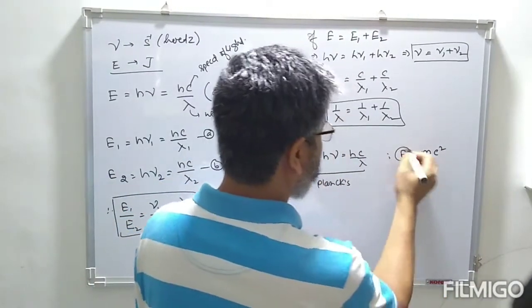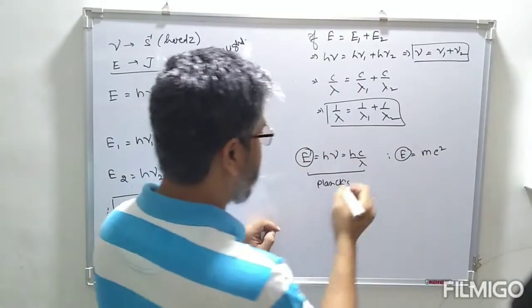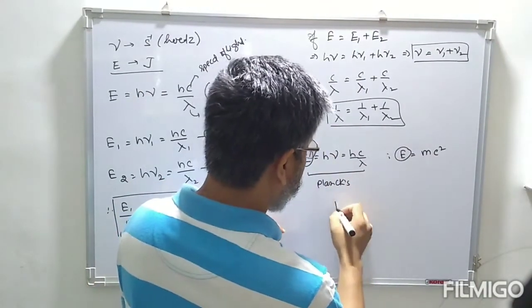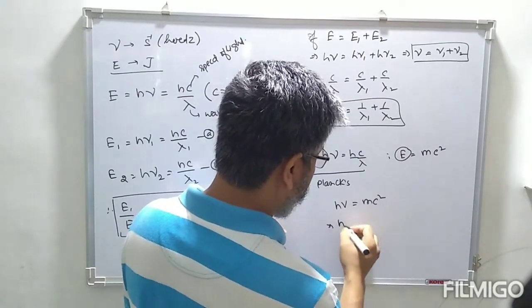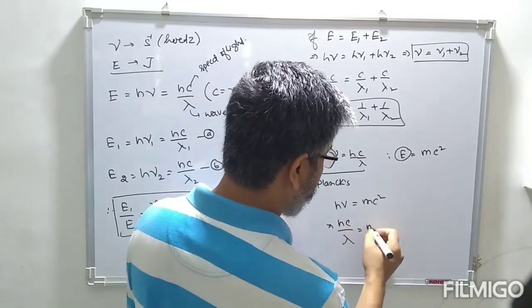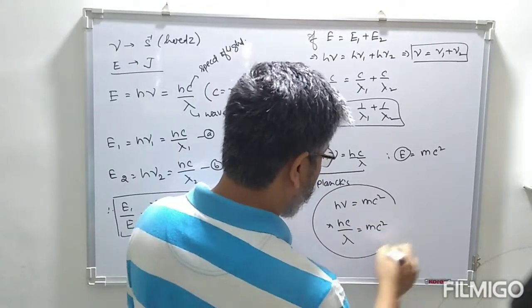Since this is the energy of the same substance, that is light, h nu is equal to m c square, or we can say h c by lambda is equal to m c square.